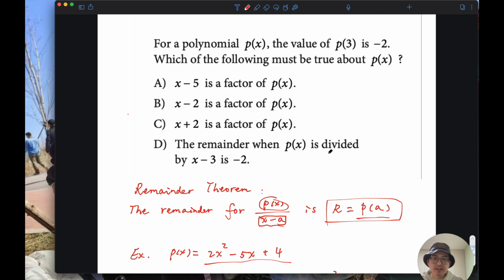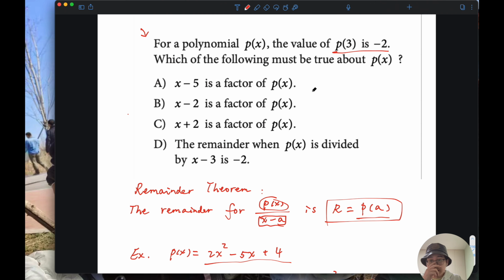And next, let's apply this to a question. For this question, it says, for polynomial p of x, we know p of 3 is negative 2, and we need to decide which statement must be true. Choices A, B, and C are very similar. We need to decide whether an expression is a factor of p of x. If you're familiar with the relationship between factors and x-intercepts, you're able to rule out the three choices.